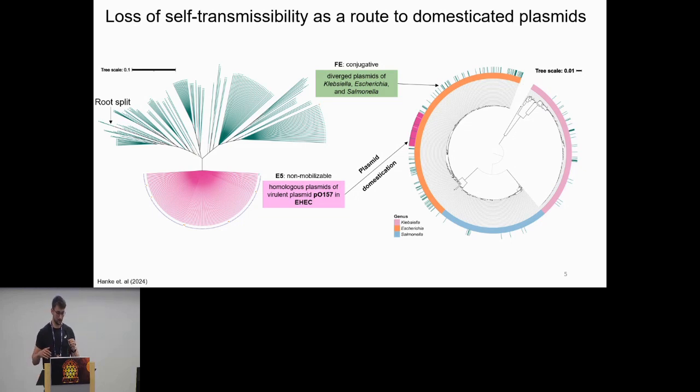And taken together, we have here the evolution from conjugative plasmids, so self-transmissible plasmids, to non-mobile plasmids residing in this distinct spot on this host phylogeny of those closely related strains, which is a signature of plasmid domestication. And plasmid domestication here means that these plasmids have become an integral genetic complement of this bacterial lineage.